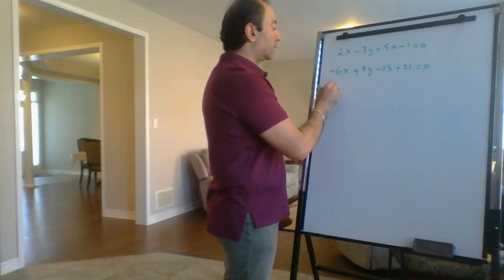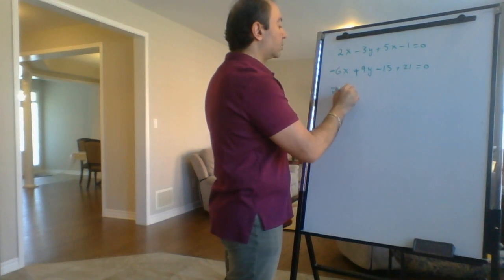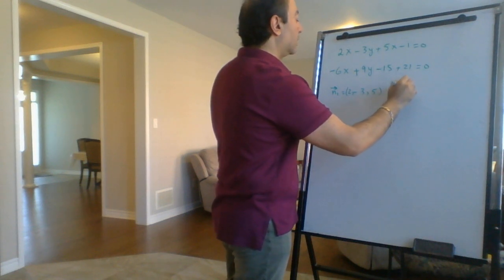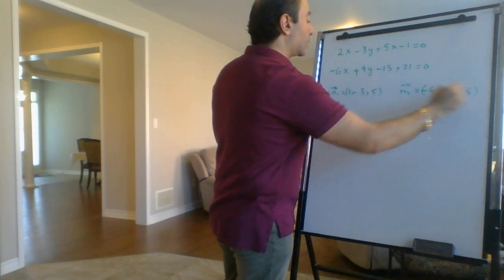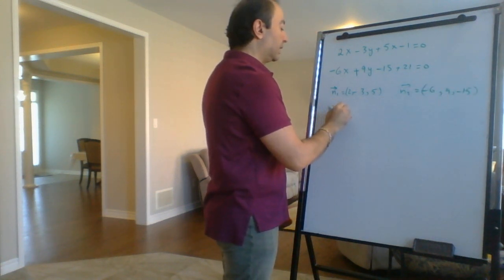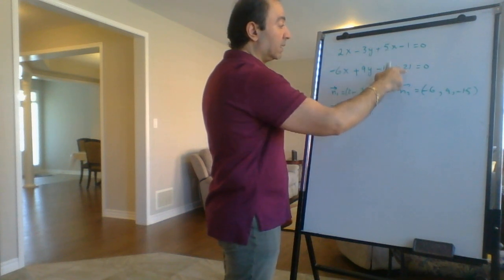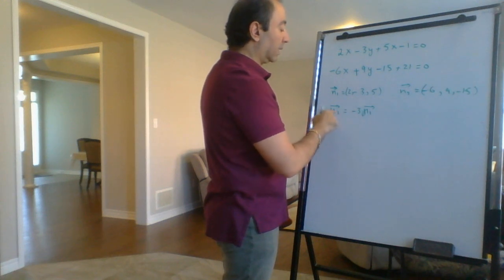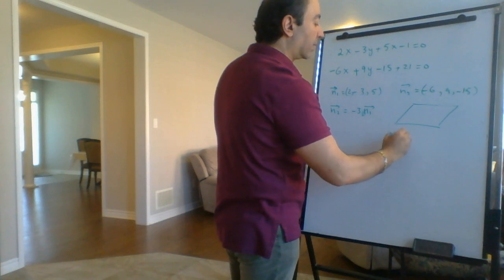If you look at it, n1 equals 2, negative 3, and 5, n2 equals negative 6, 9, and negative 15. So I can say that n2 is negative 3 times vector n1, and D is not negative 3 times D, so the normal vectors are scalar multiples. I can say that those two planes are parallel planes.